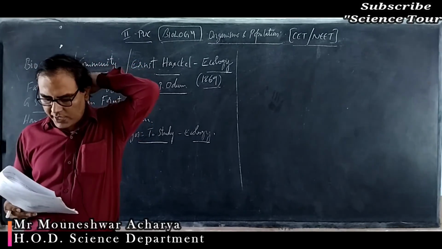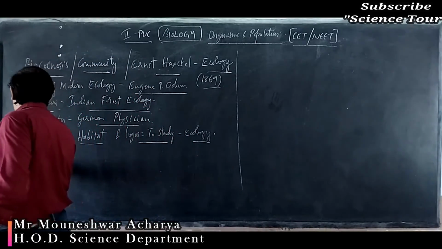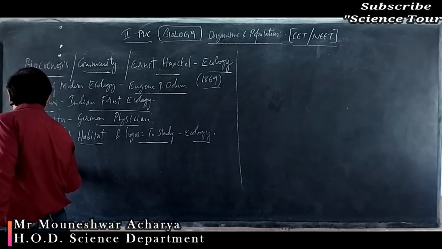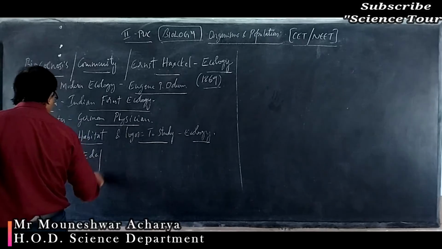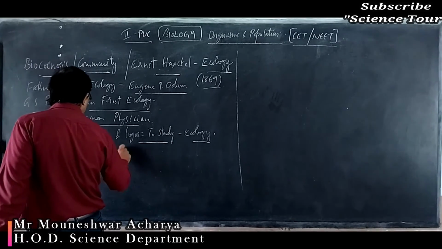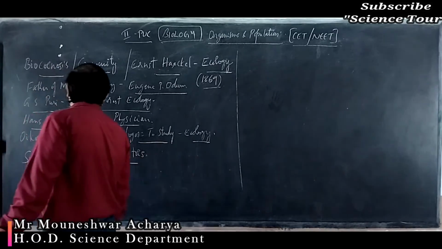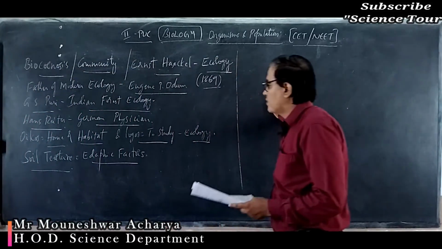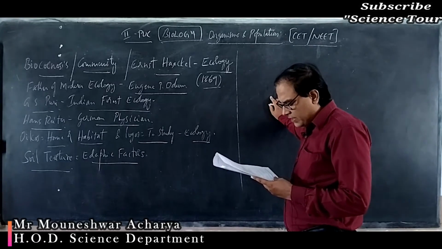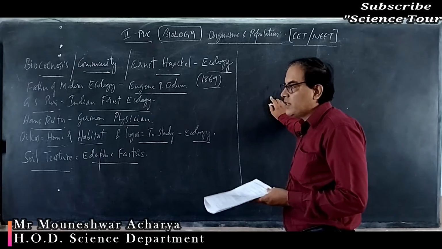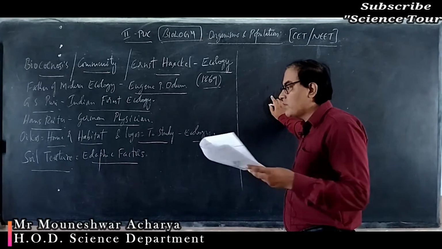Soil texture means edaphic factors. Climatic factors tell about wind, humidity, etc. Physiographic factors means, for example, mountain slope and so on.